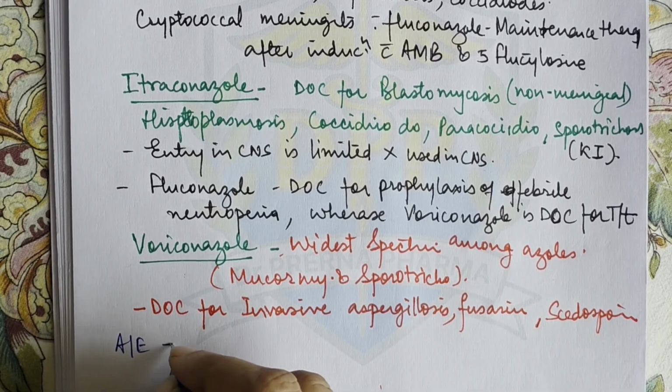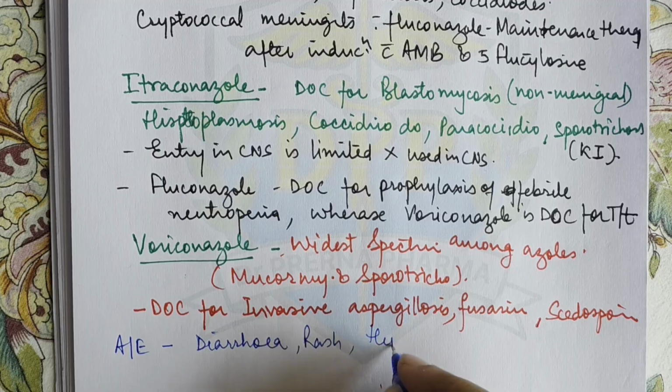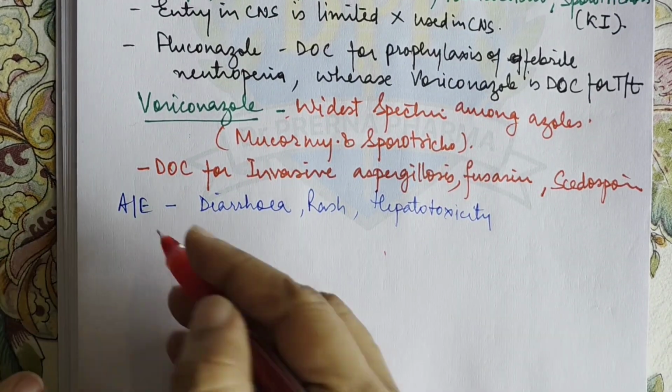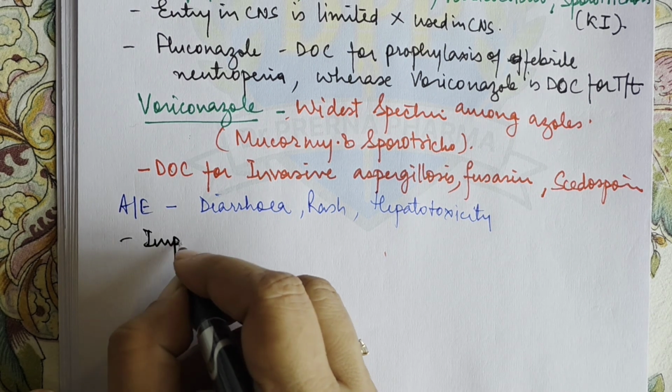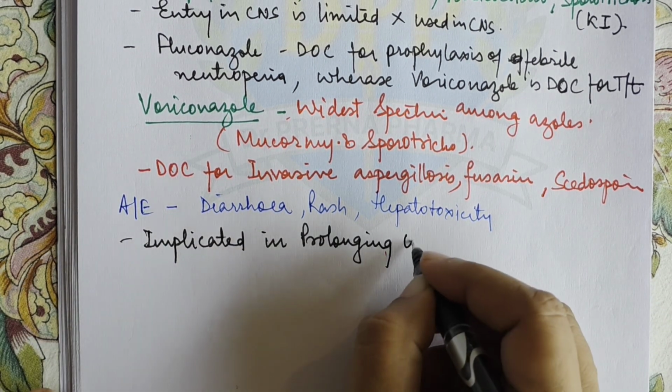Adverse reactions: it causes diarrhea, rash, and hepatotoxicity. It is implicated in prolonging the QT interval.